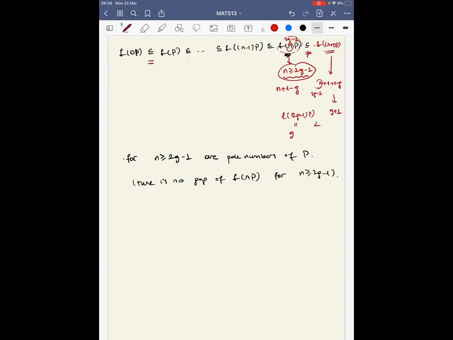So that means if you want to conclude something about the gaps, the interval we should check should be between the S space of the zero divisor and the S space of the (2g−1)P divisor.